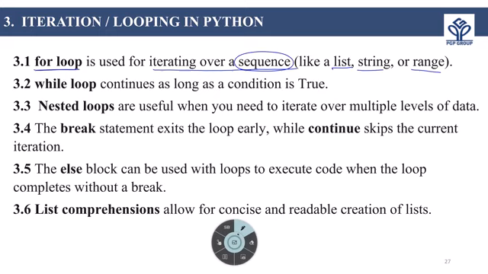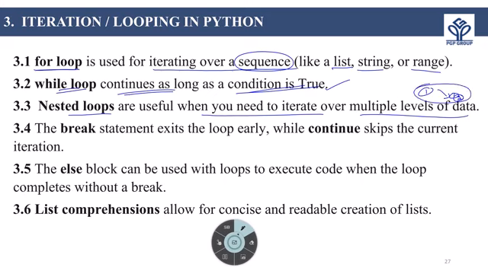The while loop continues as long as the condition is true. When the condition is true, it keeps processing continuously. Nested loops mean when you need to iterate over multiple levels of data, first data and second data. When we iterate over these multiple levels of data, we use nested loops.